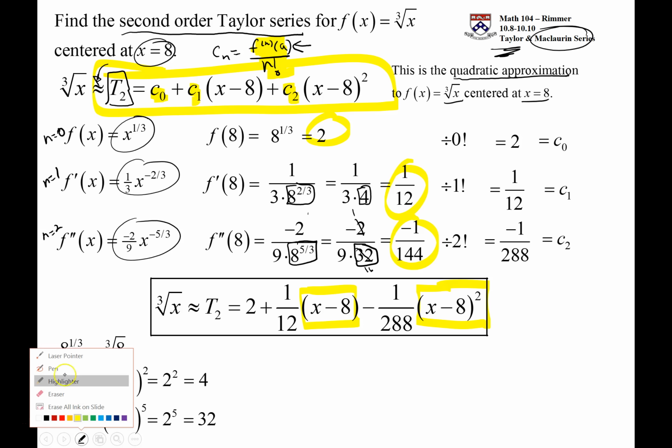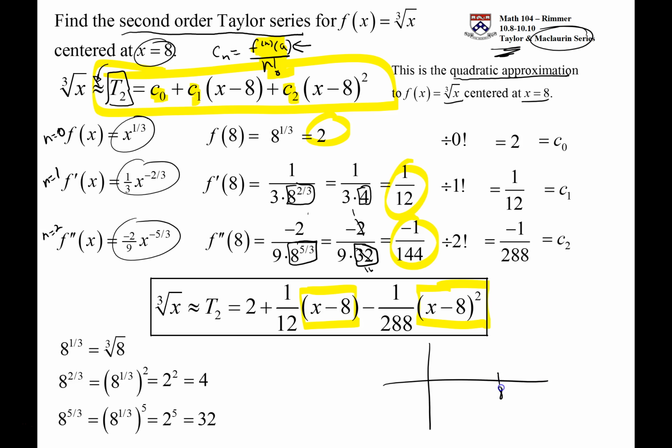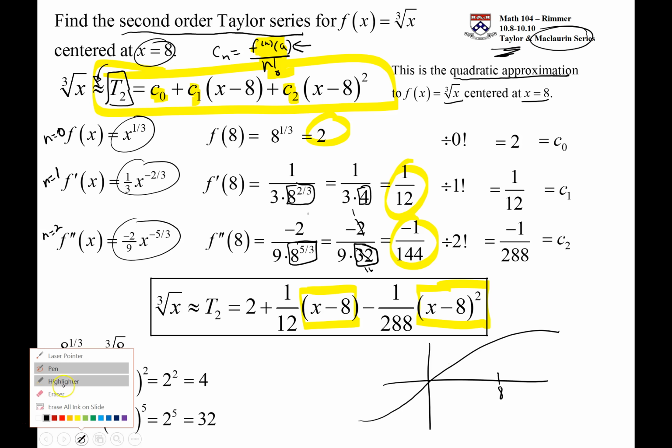And so we have done it. We have found the second order Taylor series for the cube root of x, and at 8 is where it's centered. And so the function y equals the cube root of x has a sort of flow to it. And what we just did is we went and fit a quadratic function centered at 8.